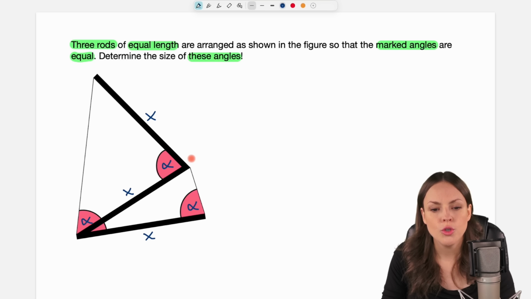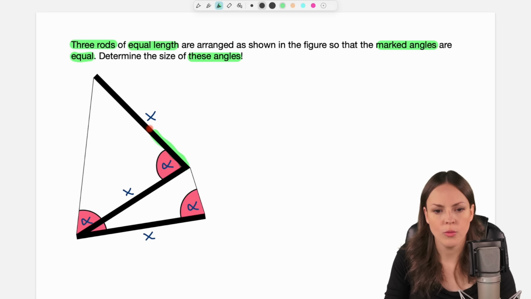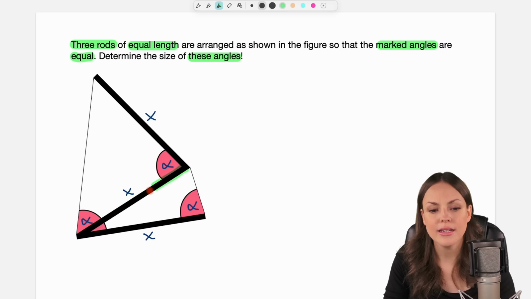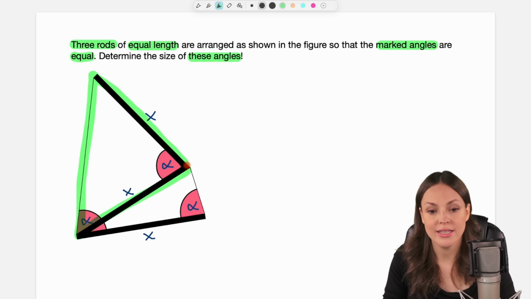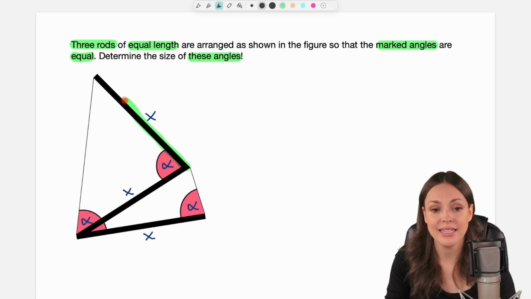We have two triangles here. We have one triangle here and another one down here. What do we know about these triangles? If we take a look at this triangle here first, then we can see that the length of this side and the length of this side is the same.